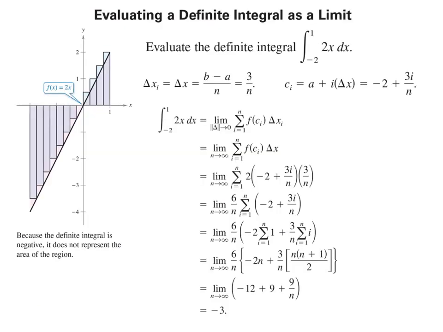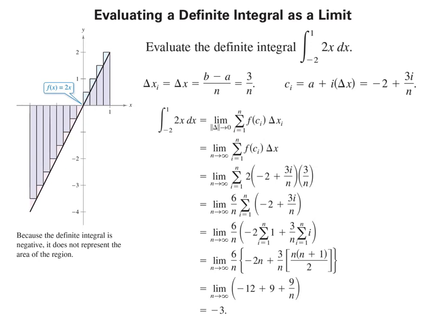So if we look at an example of using the limit process to evaluate a definite integral, so not in terms of n, but in terms of some interval from a to b. So if a is x equals -2 and b is 1 and the function is 2x, it'll look something like this with an n number of rectangles in there.